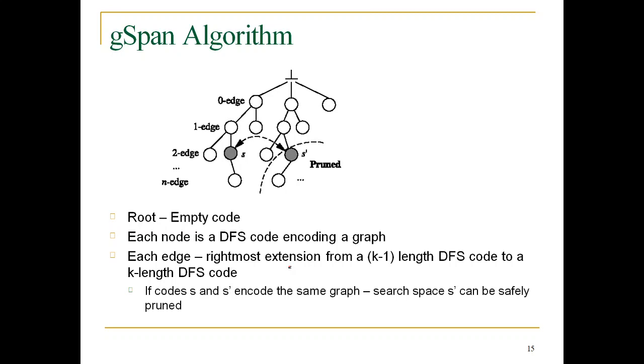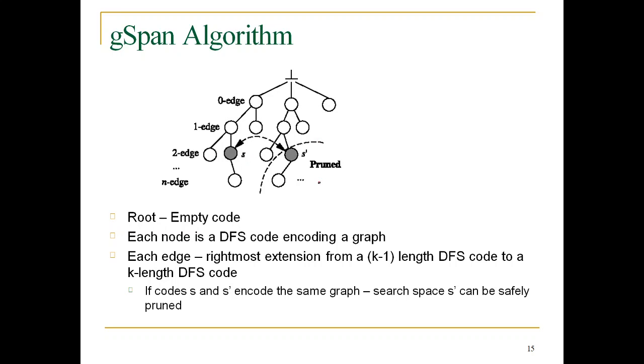So in this algorithm we are finding out all the DFS codes, and we are going to take the right extensions from the k minus 1 length DFS code to the k length DFS code, and we are going to search for the similarity. If you are finding out the rightmost extension for this graph, you can see there is a similarity, but here it has been extended to the left side, so we can prove there is a similarity existing.